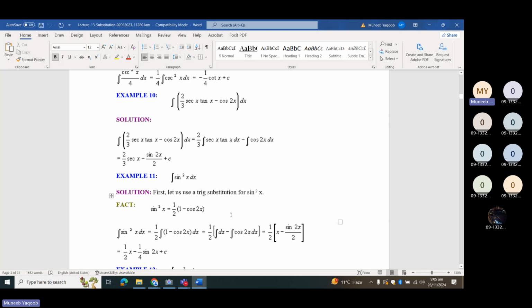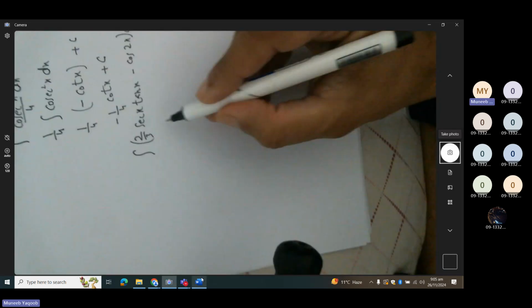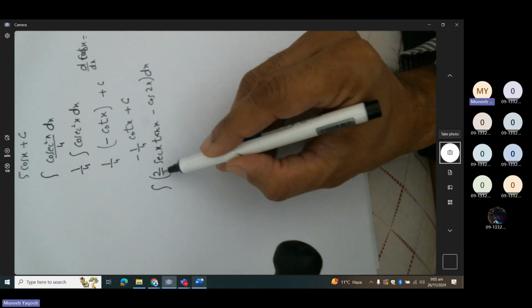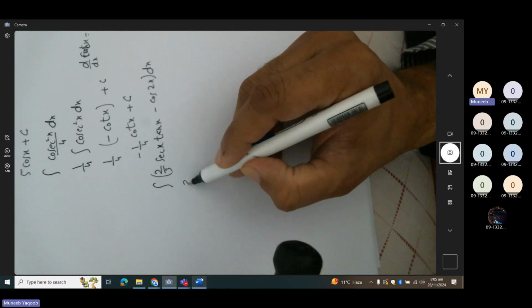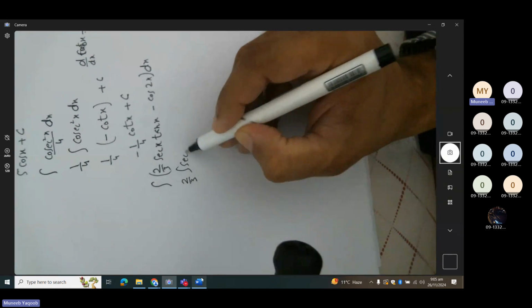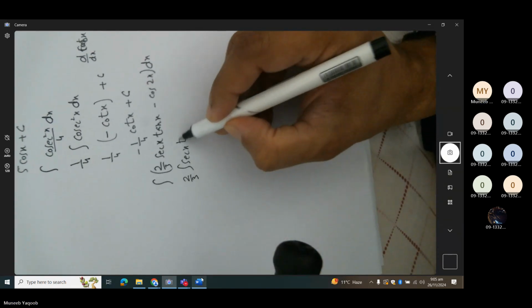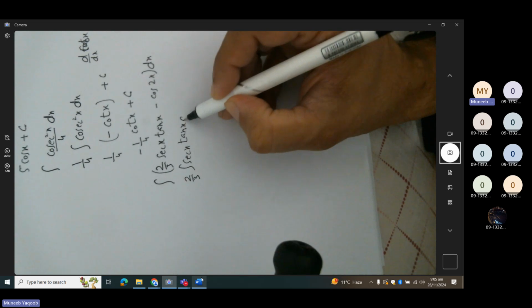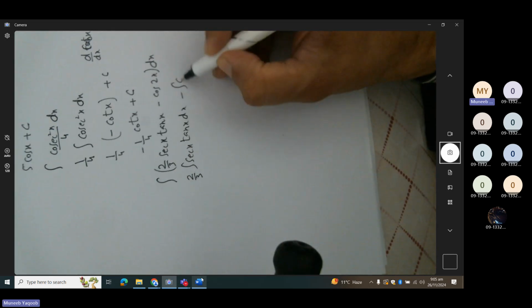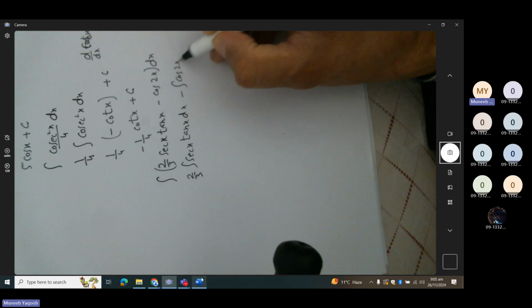Okay. So how will we integrate this function? Again, we will take this 2 upon 3 common. So it will become 2 upon 3 times integral of secant x tan x dx minus integral of cos 2x dx.